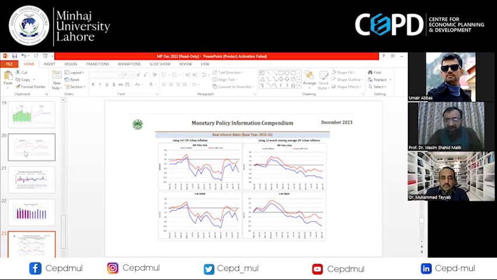as most of the participants are students, I must say here that the instrument of monetary policy is the nominal interest rate. The central bank cannot directly change the real interest rate, but its operating target is implicitly linked with the real interest rate.